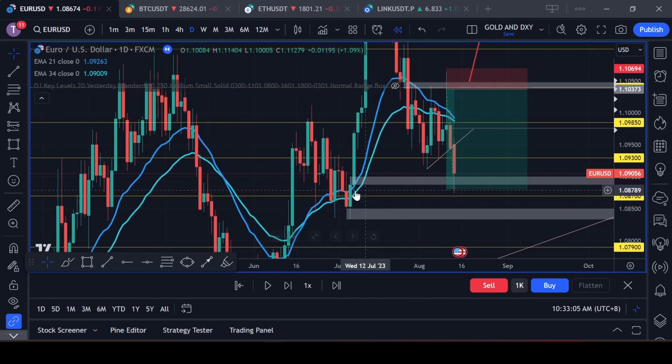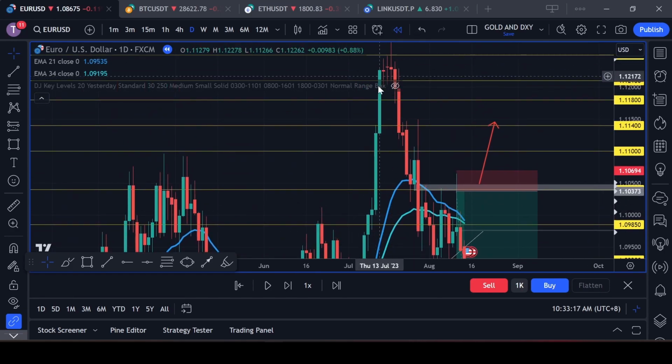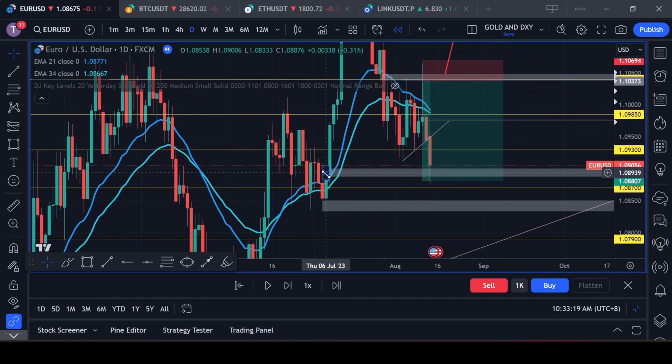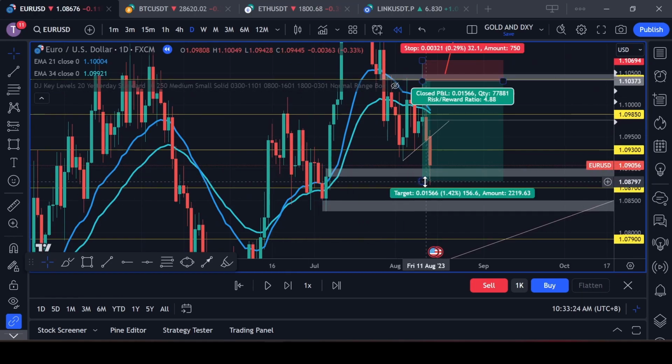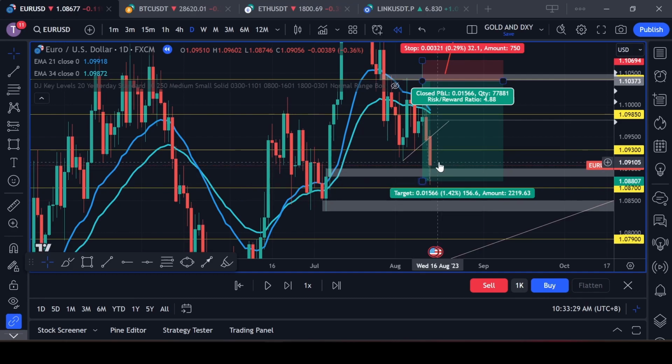These were areas where I thought that EURUSD would bounce from, because this was previously on the higher time frame the area where it started pushing up to create new highs. Therefore, I was expecting reactions at these levels, and therefore just securing my profits. A nice 150 pip trade is good enough, and I just took full profits over here.